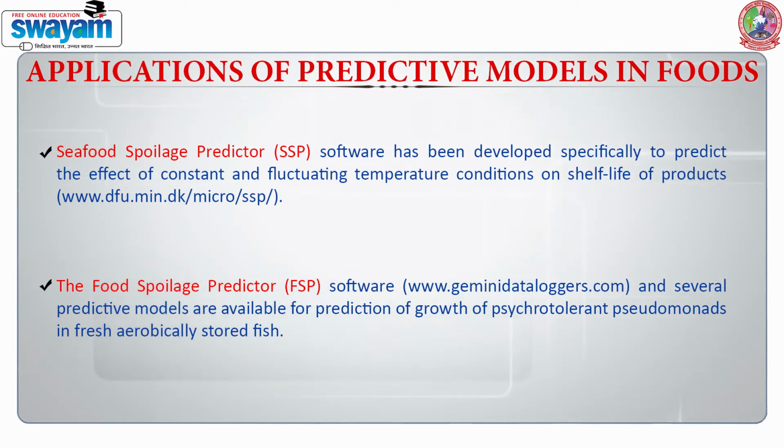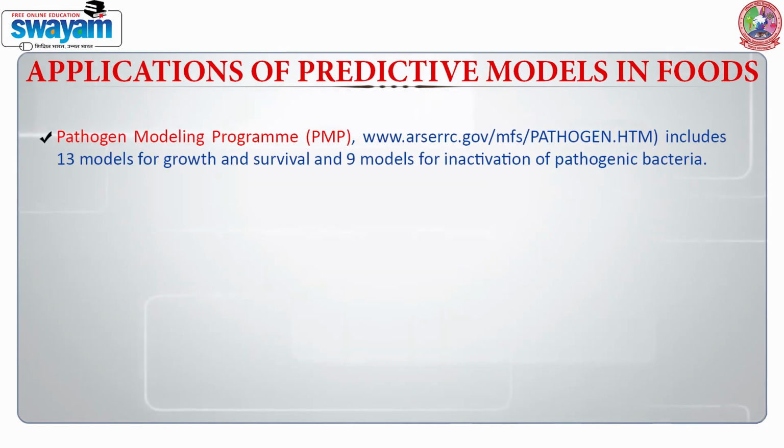The model which is very important and which is being regularly used in USA is Pathogen Modeling Program, which is PMP. This program includes 13 models for growth and survival of various pathogens. It also has 9 models for inactivation of pathogenic bacteria.